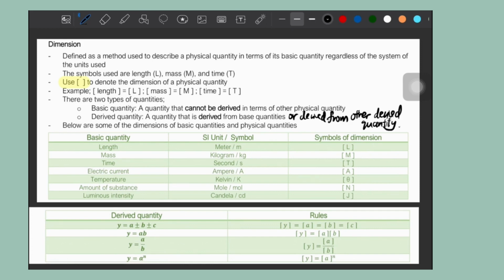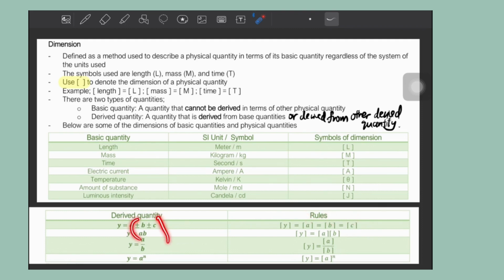What I mean here will be shown later. For the rules of the dimension for derived quantities, if it is a summation of dimensions, the dimensions must always be the same, because when we add up physical quantities, the dimensions must be the same so that they have the same unit to add up.